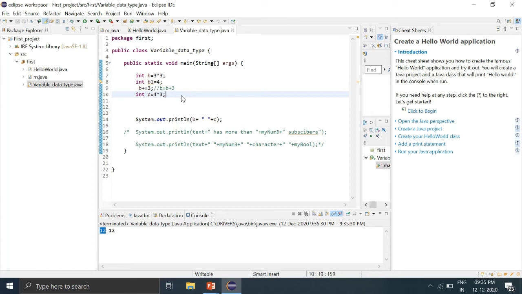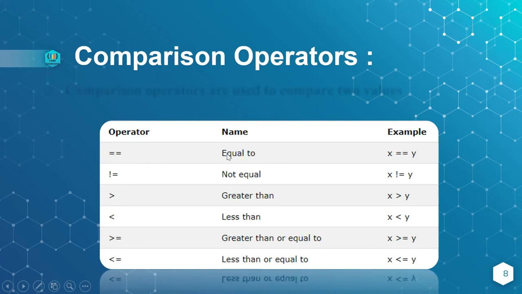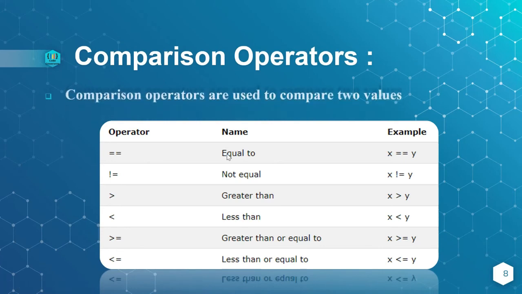So like this you can perform all the operators with the second one and the first one. And likewise you can perform all the operators as it is given in the table. Next is comparison operators.